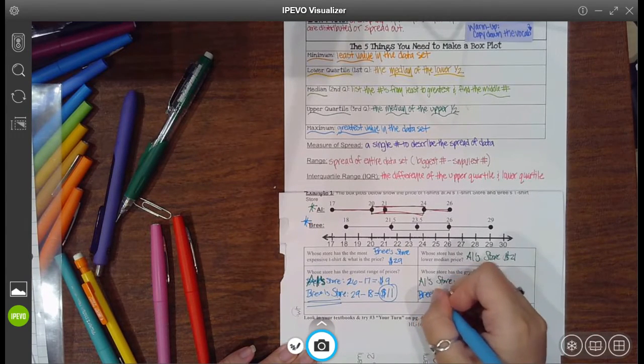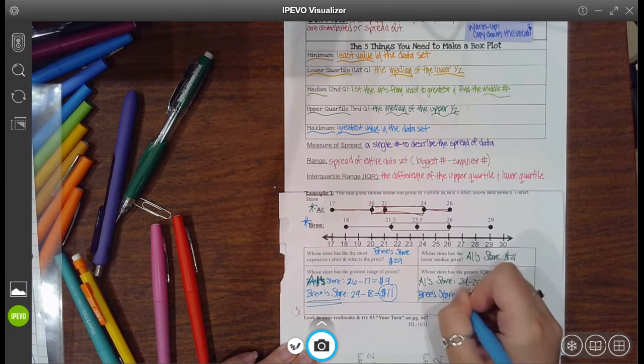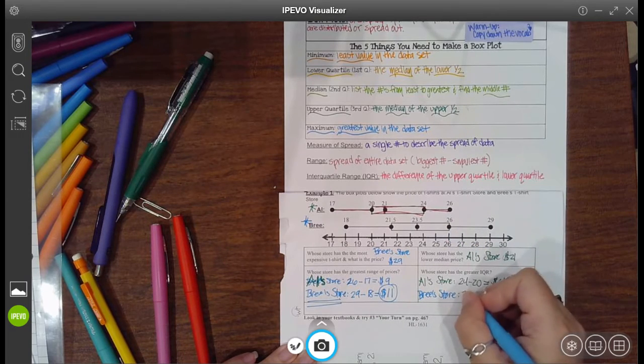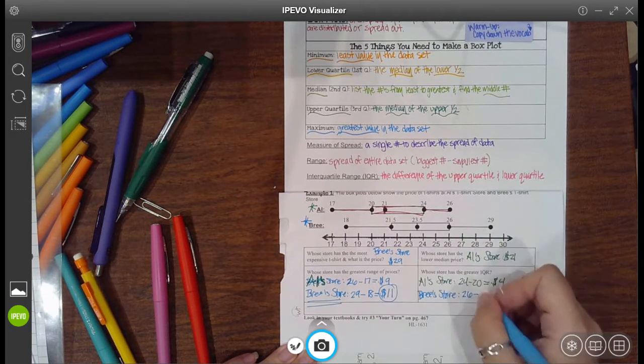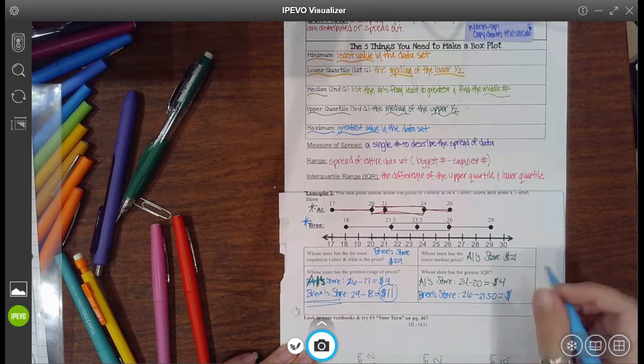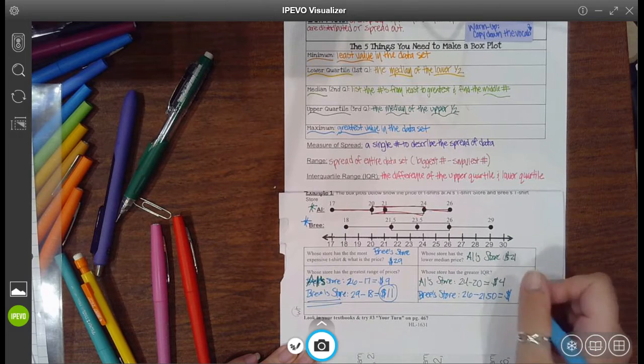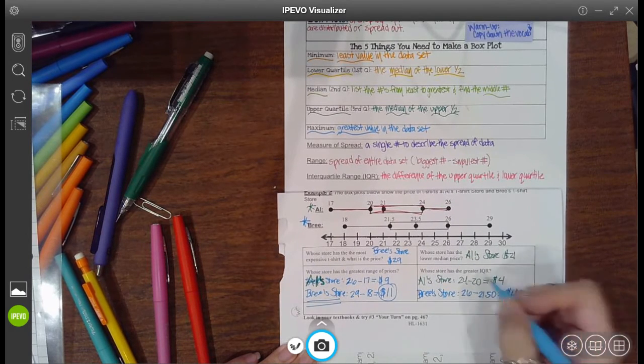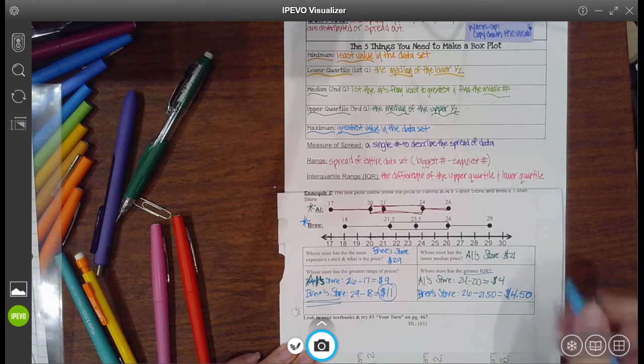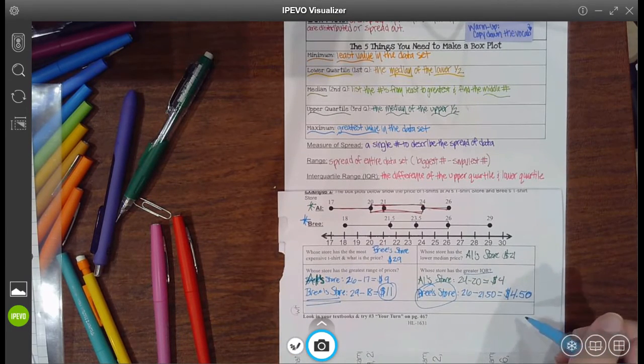Bree's store has an IQR of, well, 26 for the upper quartile and 21.50 for the lower quartile. So if you subtract 26 minus 21.50, you get $4.50. So who has the greatest IQR? Bree does, just by 50 cents, so just barely, okay?